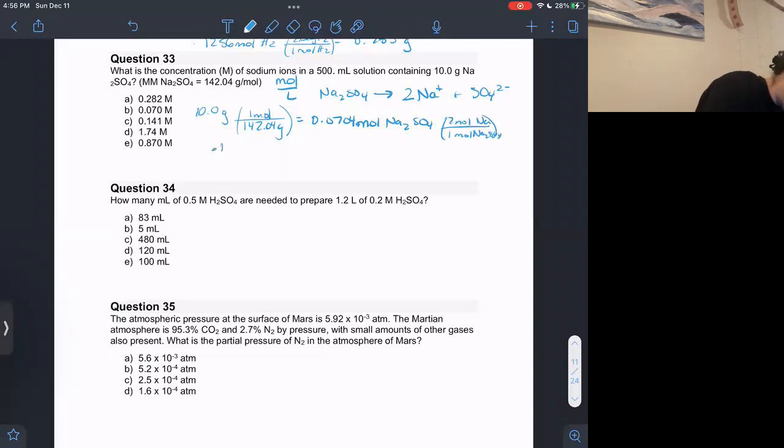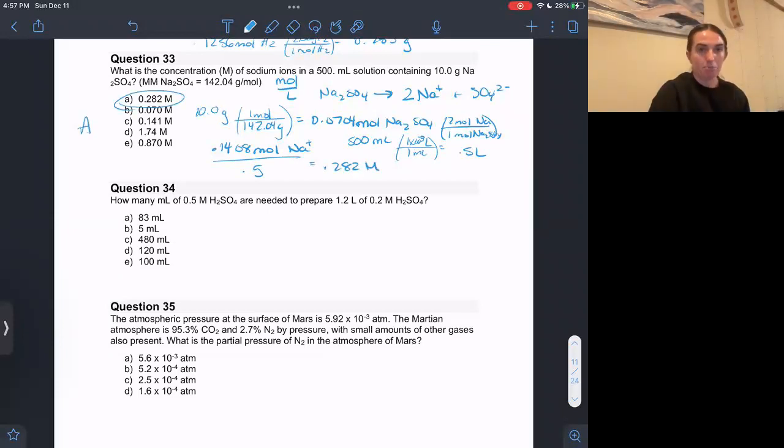I know I have 0.1408 moles of sodium ions in 500 mL. That's 0.5 liters, so I divide this by 0.5, and I get a concentration of 0.282 molar, and that's A. All right, happy with that one.